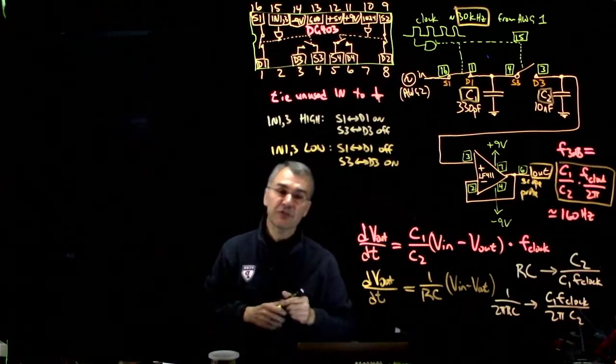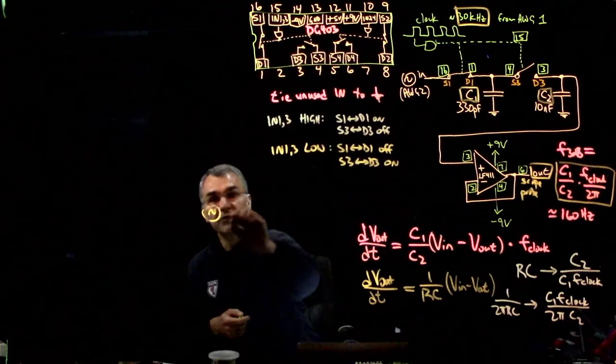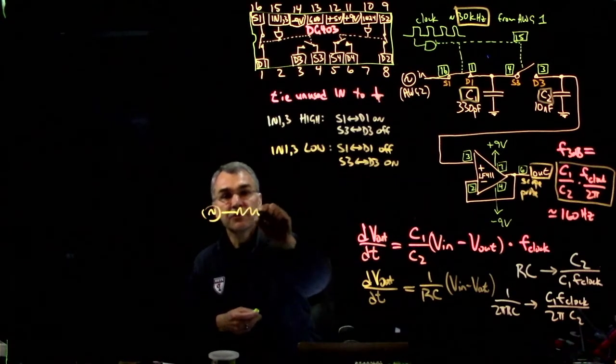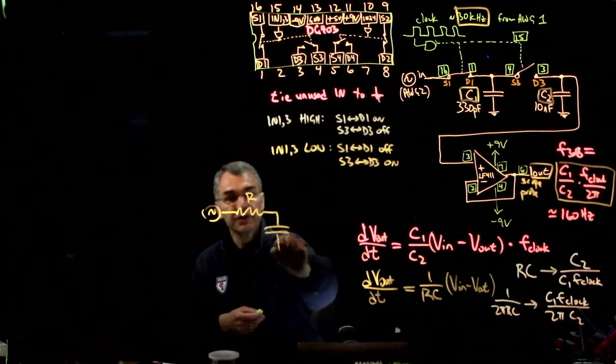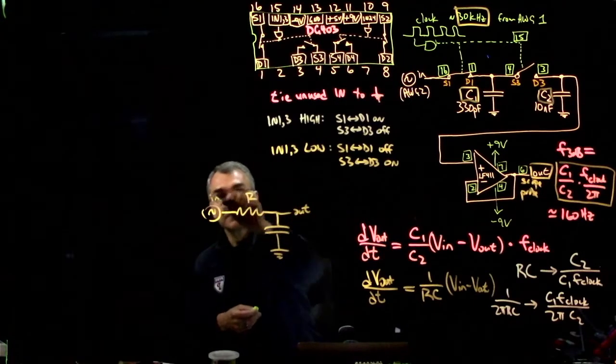So then you say, okay, now let's write down from memory the differential equation for the RC integrator. The RC integrator is the same as the RC low-pass filter. We have our input signal, and then a resistor, and then a capacitor to ground, and then here's our output.